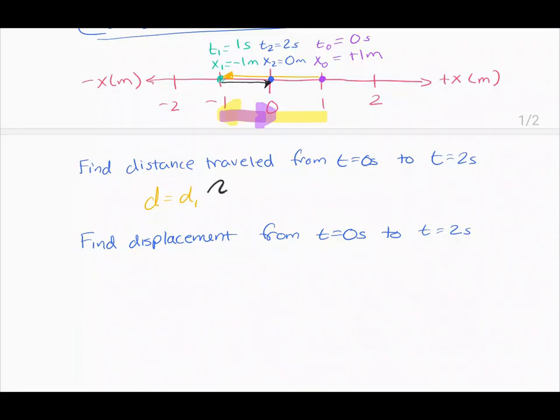And then I have to add on the distance traveled in the second section, which is the black section. So my overall distance, I guess I shouldn't use orange for that one. Let's use blue. So for that whole motion, oh, that wasn't blue.